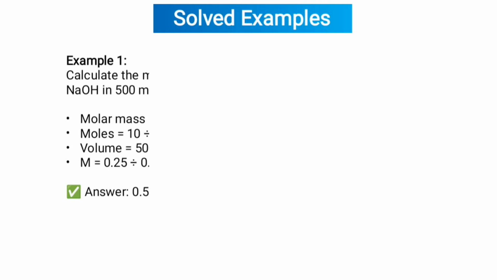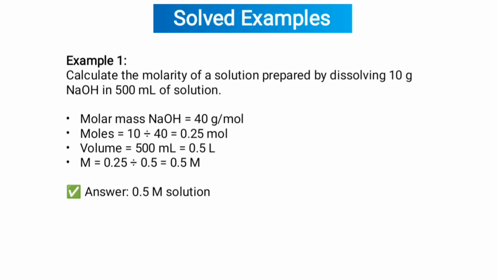Now, solved examples. Example number 1. Calculate the molarity of a solution prepared by dissolving 10 gram NaOH in 500 milliliters of solution. Molar mass of NaOH is equal to 40 gram per mole.